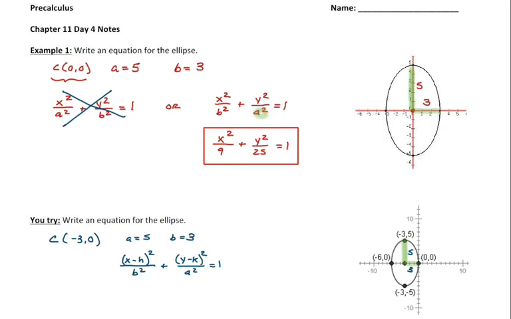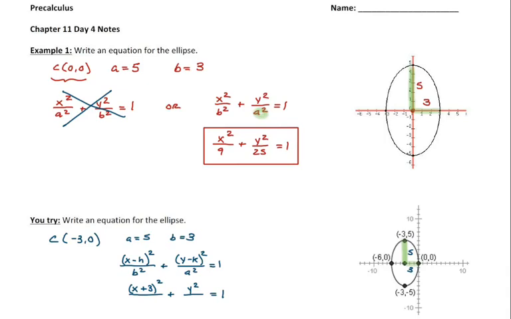And I wrote this as though A was underneath Y because this ellipse is wider from top to bottom, or in the Y direction, than it is from side to side, or in the X direction. So all I need to do in this case is put A and B in the appropriate place and put my coordinates of my center in the appropriate place, and I'll be done. So what I have is x plus 3 quantity squared over something plus y squared over something equals 1.